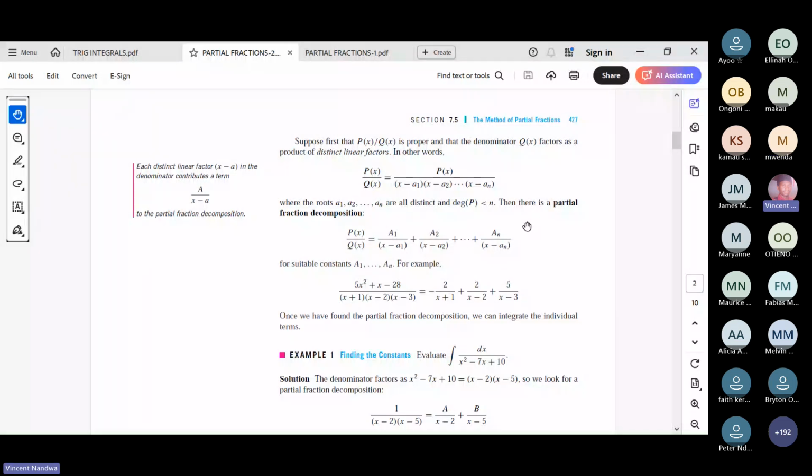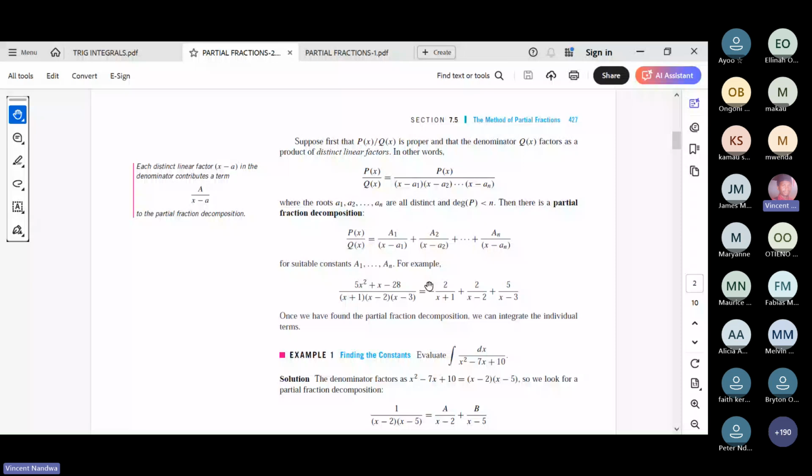I want you to tell me what is the degree of the numerator in this rational function. Numerator degree is 2, correct? And then the denominator, what is the degree?